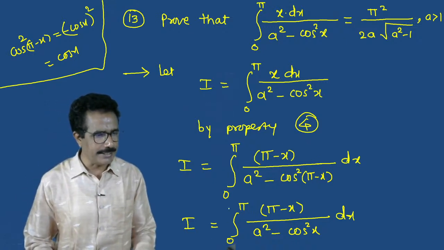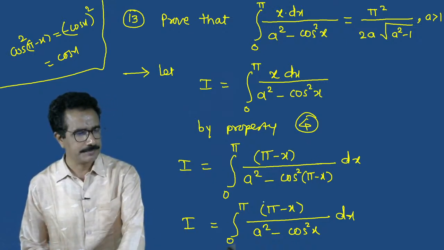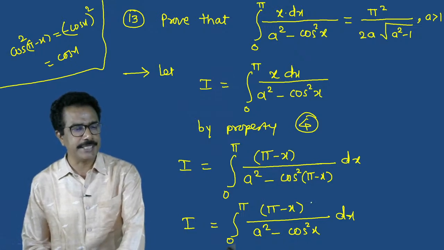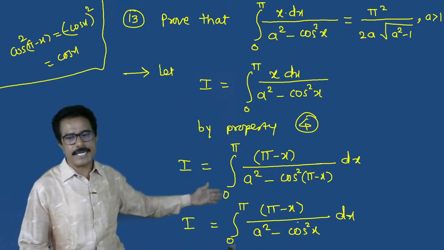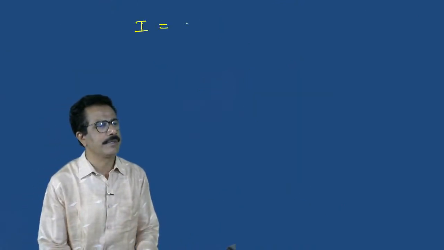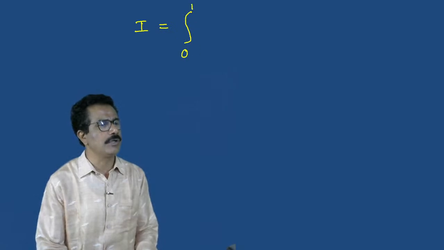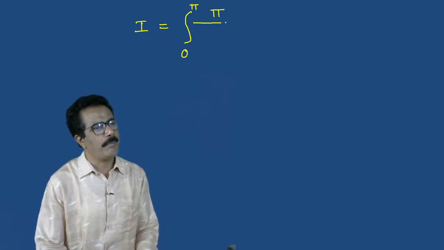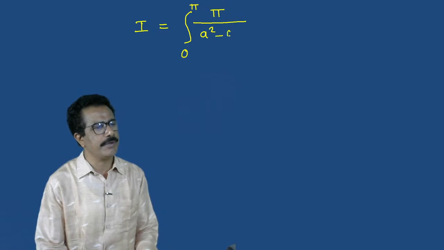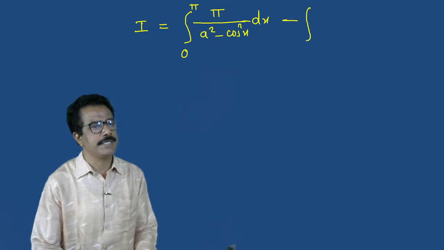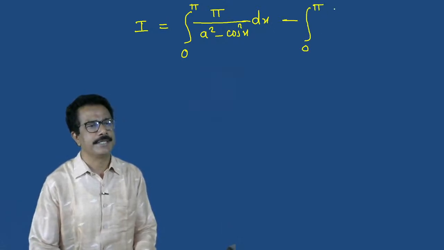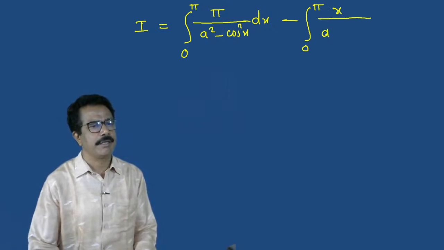So we can write this again. Now separate this integral, separate for pi and separate for x. Then I is equal to integral from 0 to pi of pi divided by a square minus cos square x dx minus integral from 0 to pi of x divided by a square minus cos square x dx.